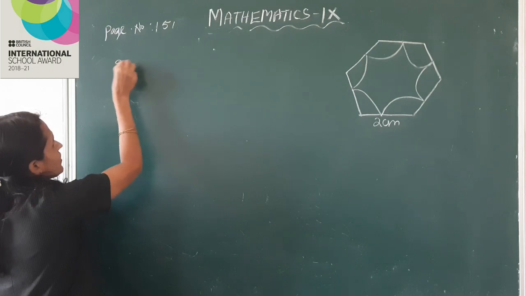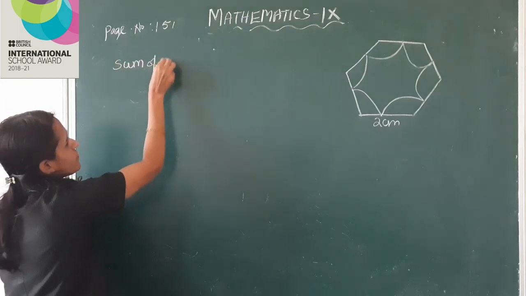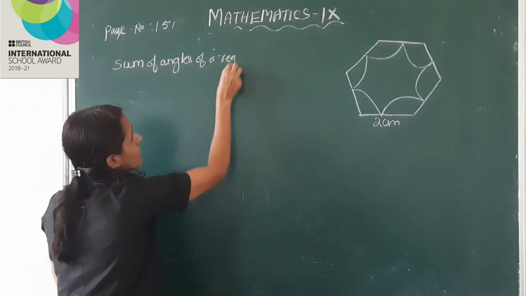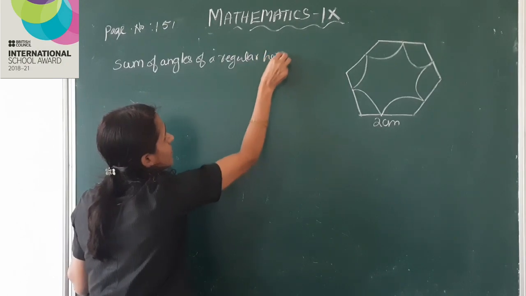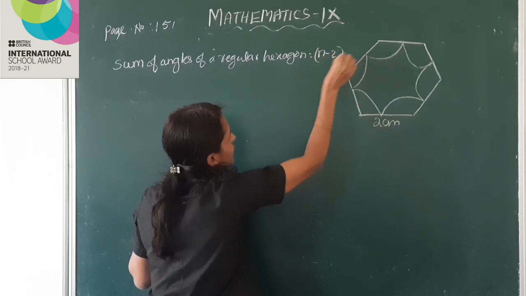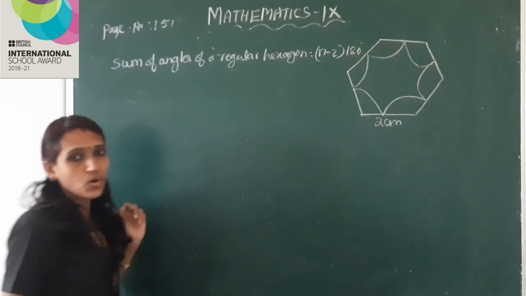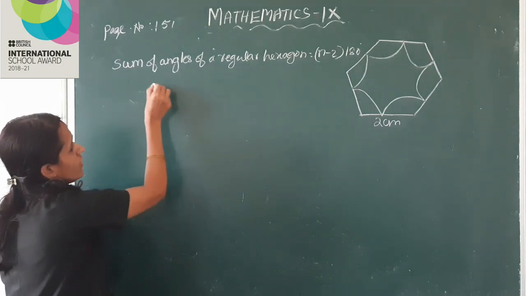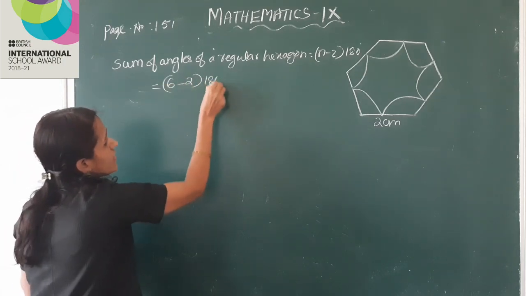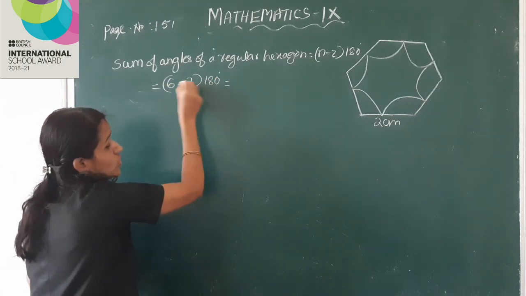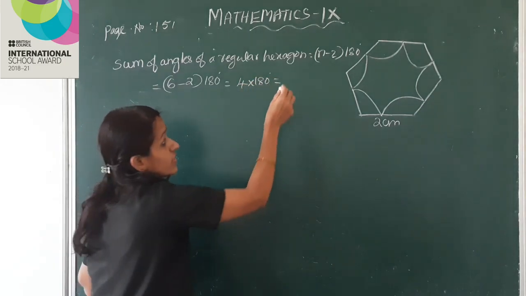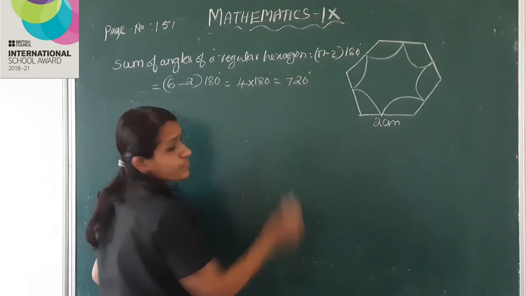Sum of angles of a regular hexagon is equal to n minus 2 into 180 degree. Here n is 6. 6 minus 2 into 180 degree. This is equal to 6 minus 2 is 4, into 180 degree is 720 degree.